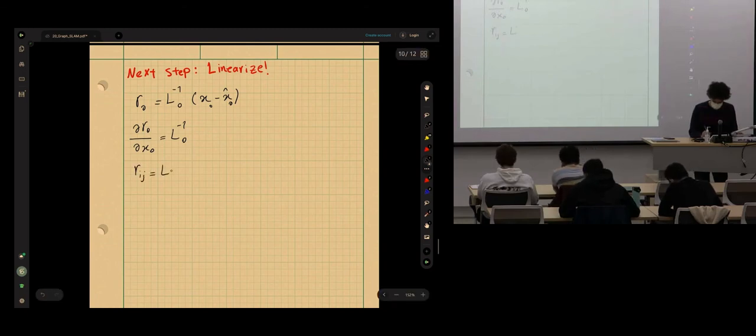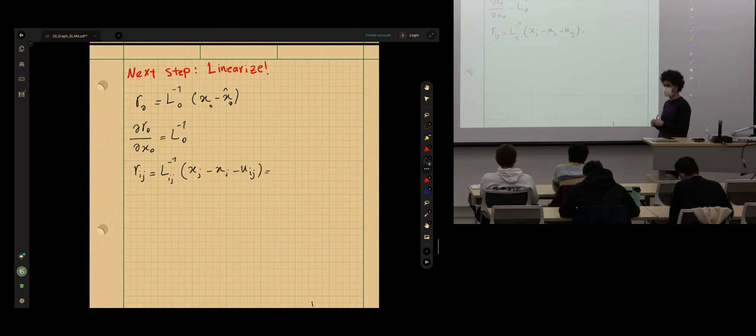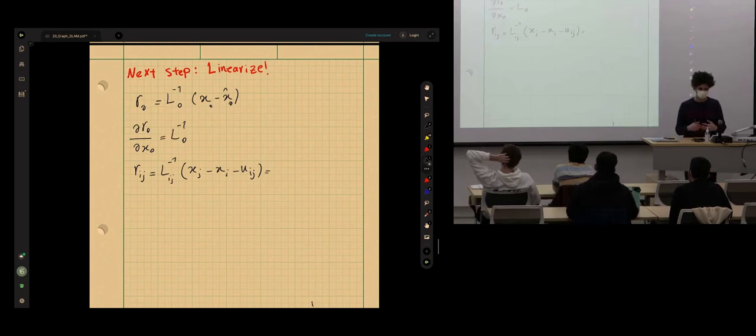For other factors, we have Lij inverse times xj minus xi minus uij. Now, because xj and xi are both variables, we have to talk about the derivative with respect to xi and the derivative with respect to xj. It's not just one variable.